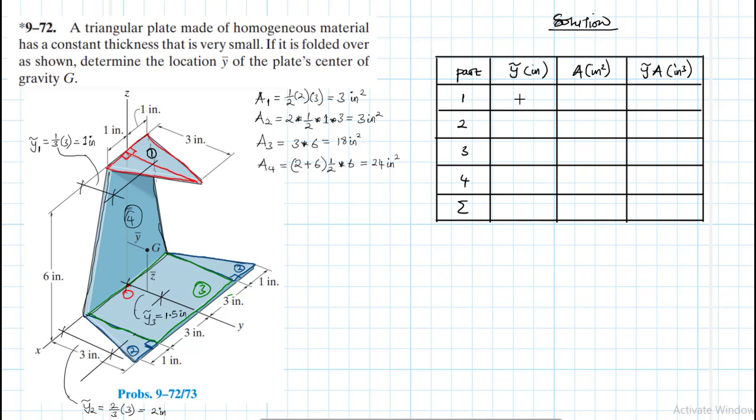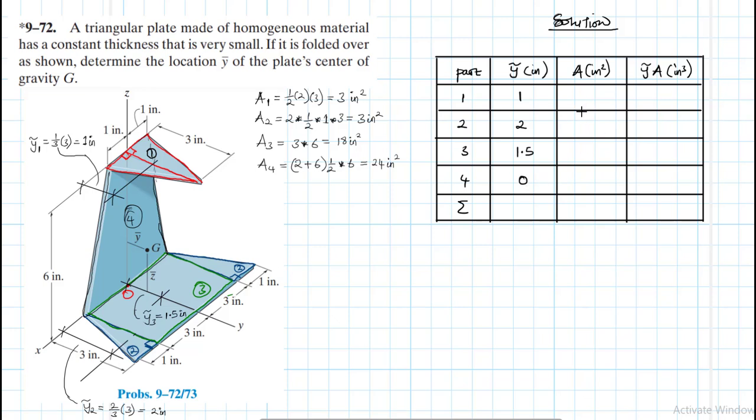The centroidal position for part 1 we said is 1, positive. For number 2 it is 2. For number 3 it is 1.5. For number 4 it is 0.